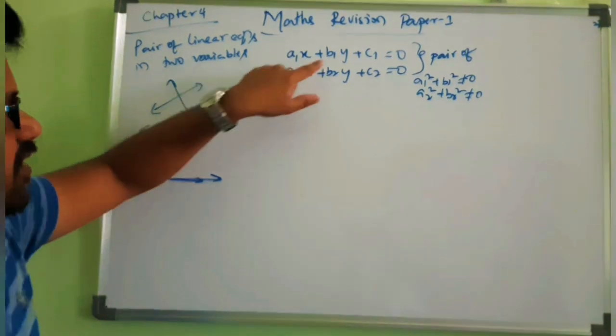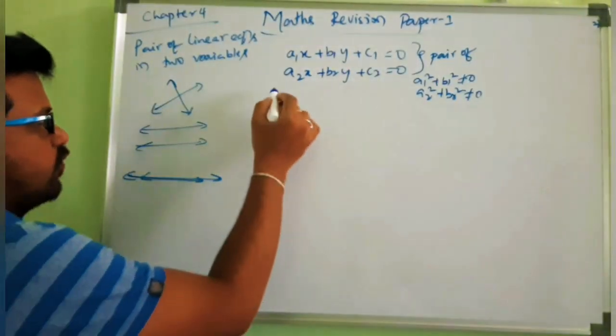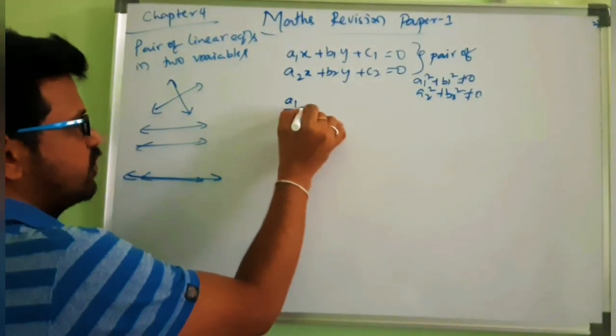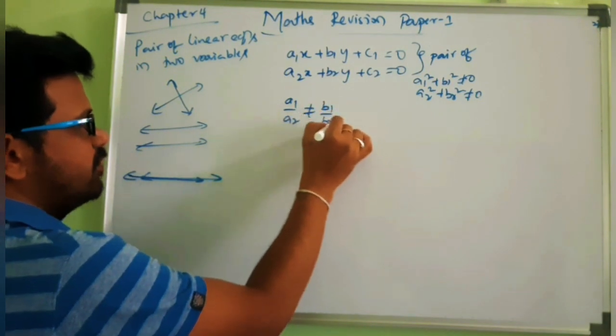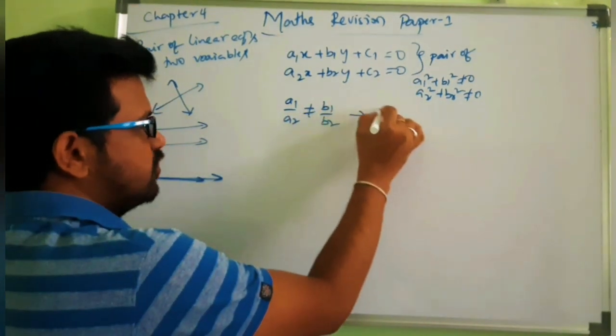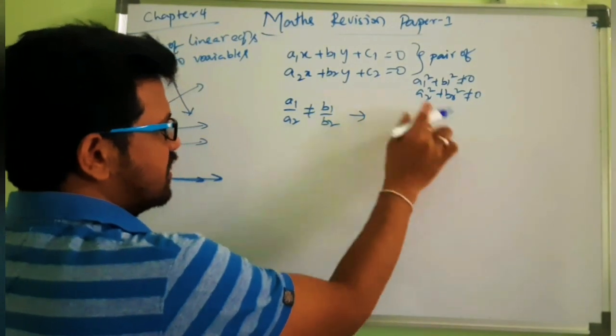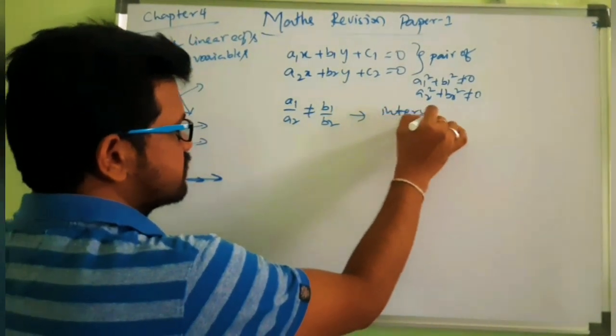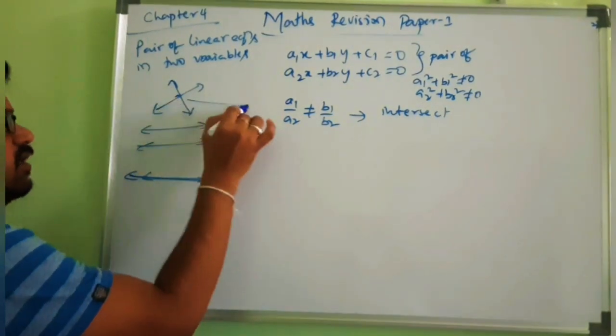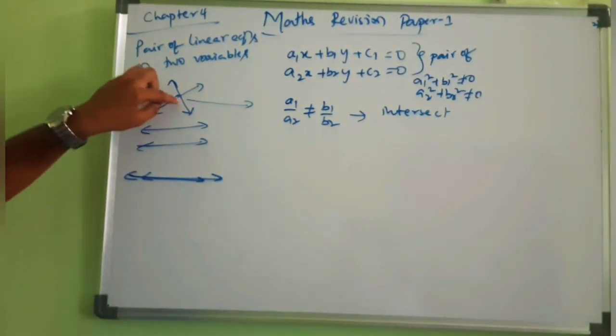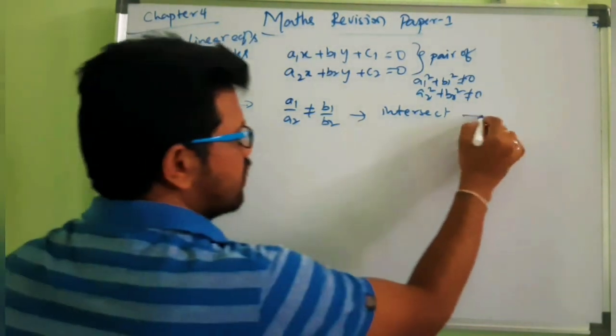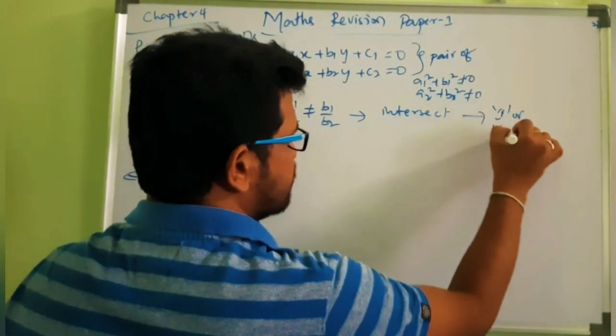Okay, if you draw the graph of these two equations, those two lines may intersect, may be parallel or coincide. So when is it possible? When a1 by a2 is not equal to b1 by b2, then one solution, meaning the lines intersect. Intersect means how many solutions? These two lines are intersecting at one point, so one solution or unique solution.